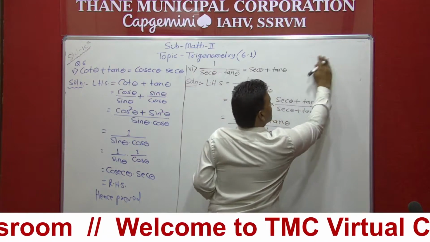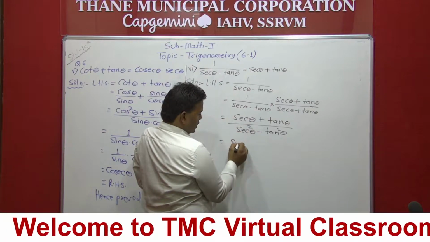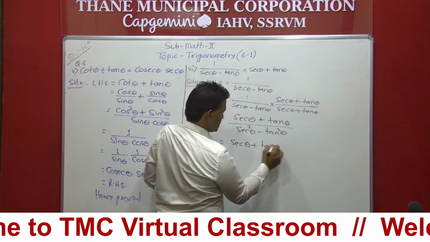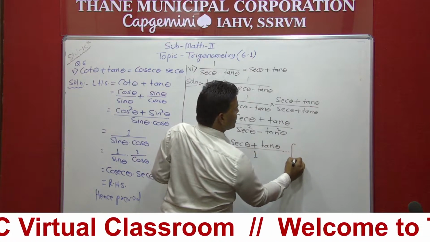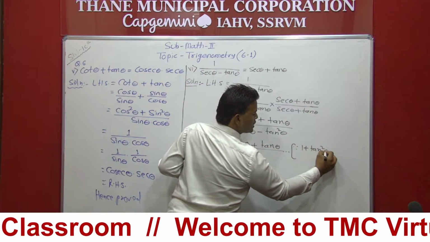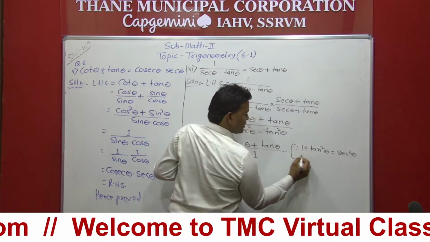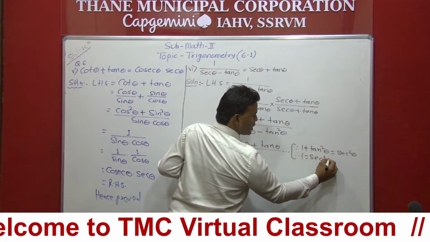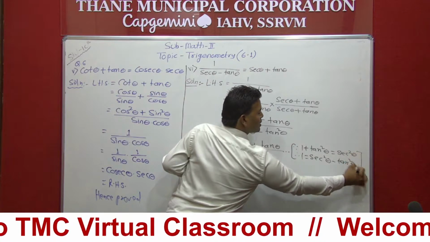Now see here, what will I do? The numerator will remain as it is, upon 1. Here we have to write down the reason: since 1 plus tan square theta is equal to sec square theta, transferring this to that side, 1 is equal to sec square theta minus tan square theta.